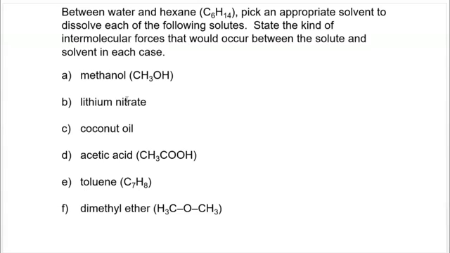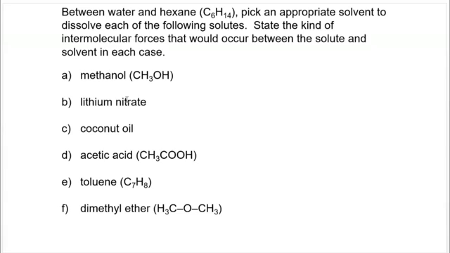Coconut oil, we don't even need to know the formula. It's an oil, so it's going to be some kind of long chain or branched hydrocarbon with just CH bonds, so nonpolar, and hexane would be the answer. Acetic acid, it is a weak acid, so it's a weak electrolyte, but it's an electrolyte. Therefore, it will go into water and it will dissolve pretty well.